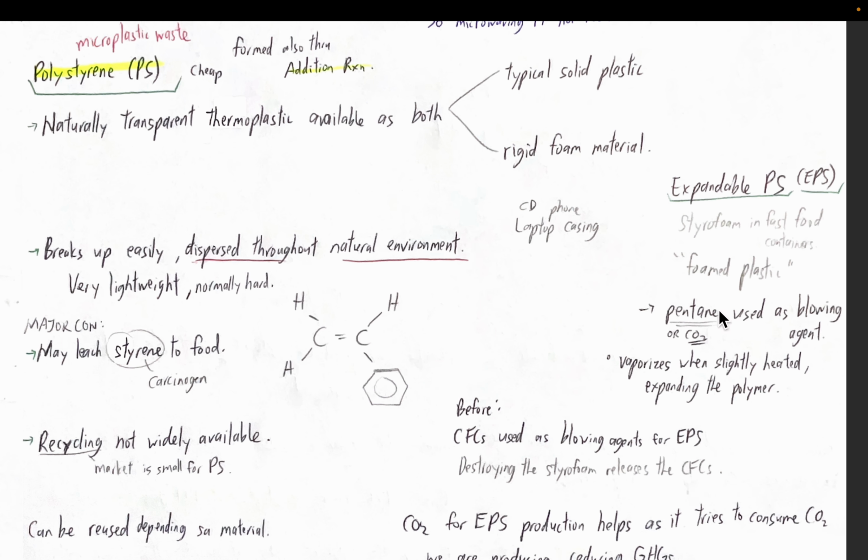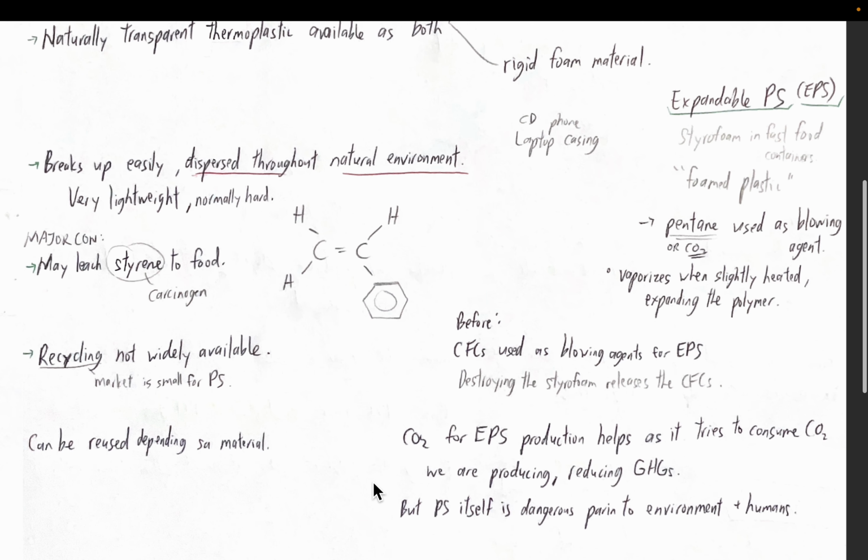I'm not sure if pentane is still used now, or if it contributes to sustainability as much as CO2. But CO2 is actually a good substitute. CO2 for EPS production helps because it tries to consume CO2 that we produce. So in a way, it does reduce greenhouse gas emissions.